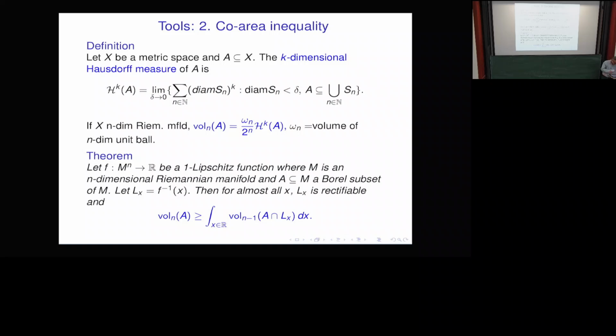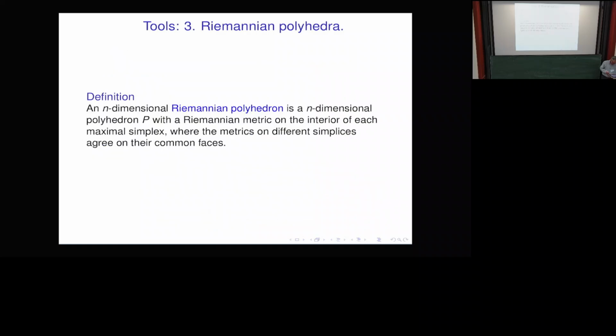Okay, but what I will generally be using this for is the distance function, and what it tells me is that the volume is bounded below by the integral of the volumes of the slices, okay? So for the experts, of course, all this is given, but maybe not everybody is familiar with this. So this is all the co-area inequality says, right? And if you integrate this, you get a lower bound for the volume.